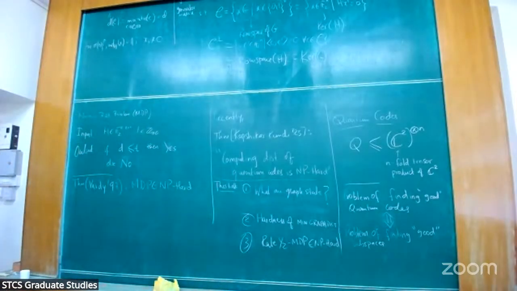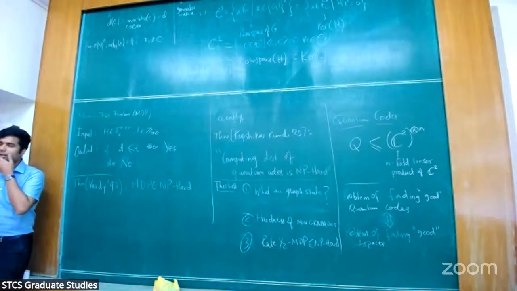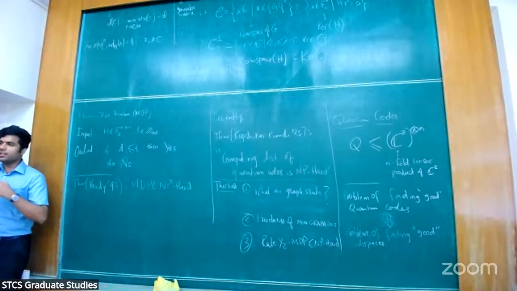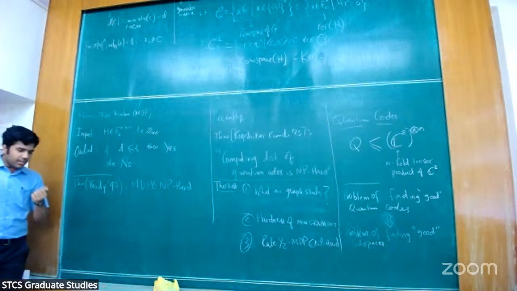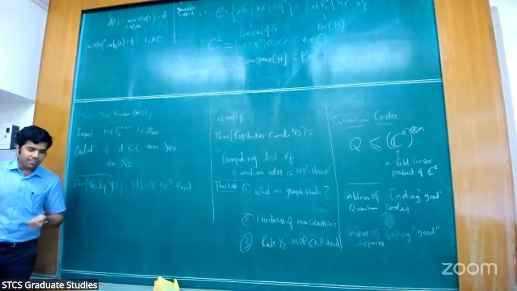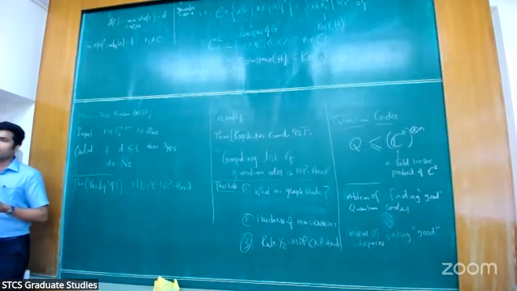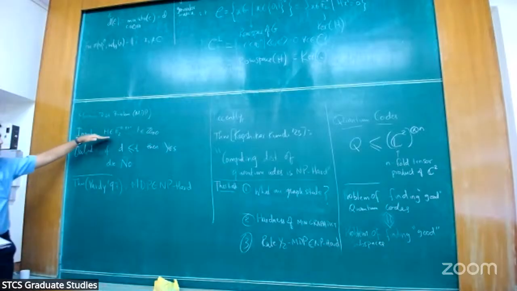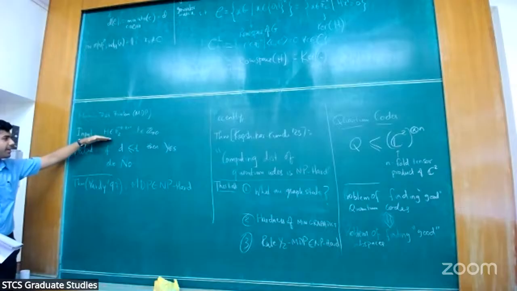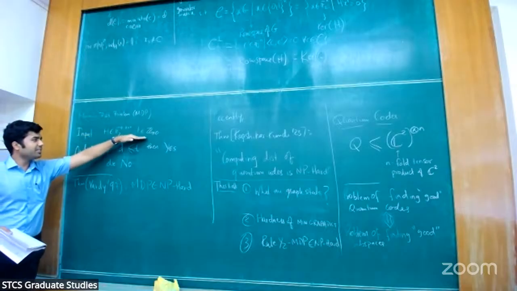Yeah. So now the distance of a code essentially characterizes its error correcting capability. Meaning that if your distance is large, then it can correct a large number of errors. And it's natural to ask whether I can compute this distance efficiently or not. So, given this decision problem, which I denote by the minimum distance problem, the input is a full rank parity check matrix and a positive integer t.